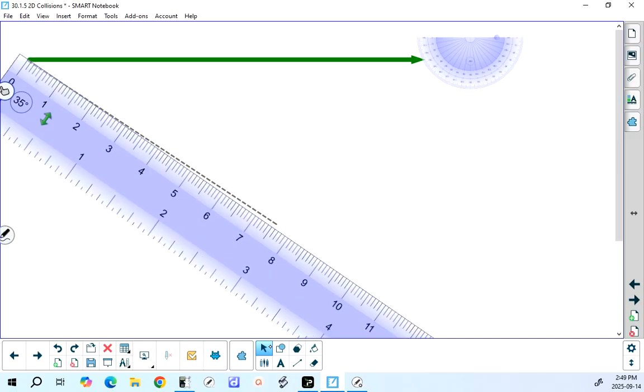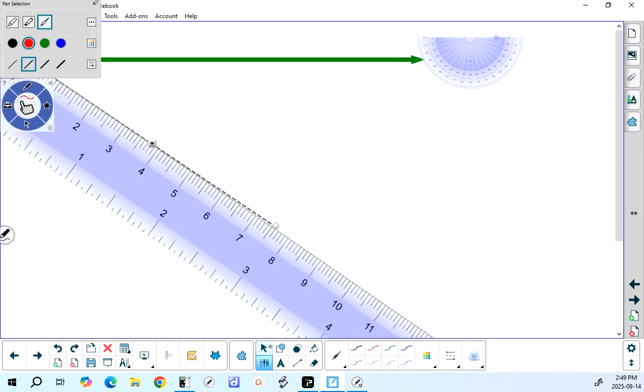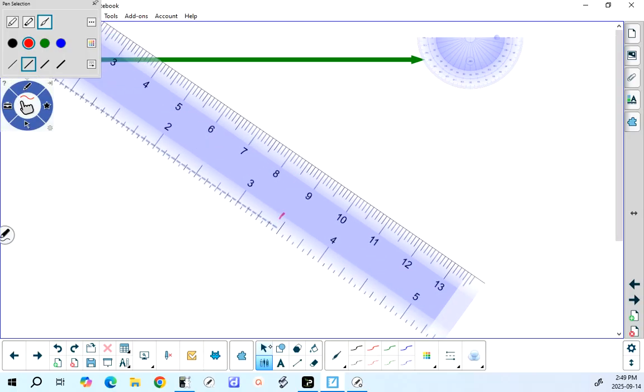Now I'm kind of cheating a bit because if you look on the left-hand side of the page, it tells me that's 35 degrees, so my angle wasn't drawn perfectly. It's about there, but I want to draw this at 7.5, and I almost hit it bang on. I want 7.5 centimeters, so I'll just put a mark here. That's going to be where my arrowhead ends.